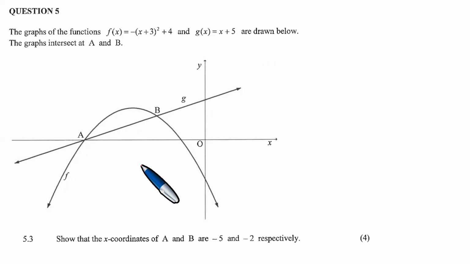Show that the coordinates of A and B are -5 and -2 respectively. Show that the coordinates of A are those. So obviously you have these and that.